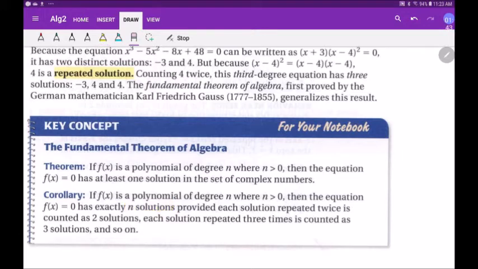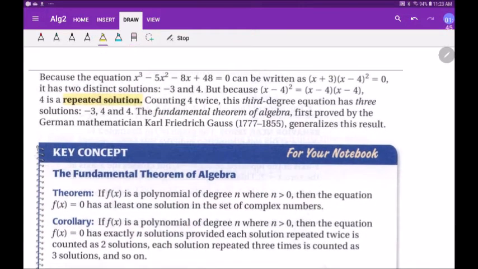Okay, so they have a little thing up here where there's an example. X to the third minus 5x squared minus x squared minus 8x plus 48. It can be written like this. So when we see that, we're like, hey, this happens twice because it's squared, and it does. You see it happens twice. So we have to say, well, x is equal to negative 3 for this one.